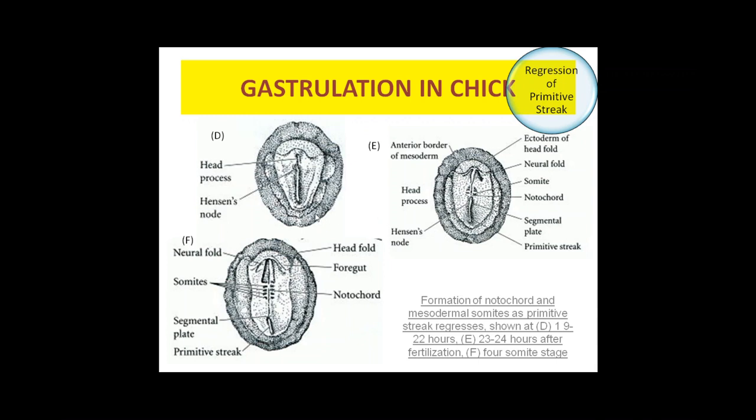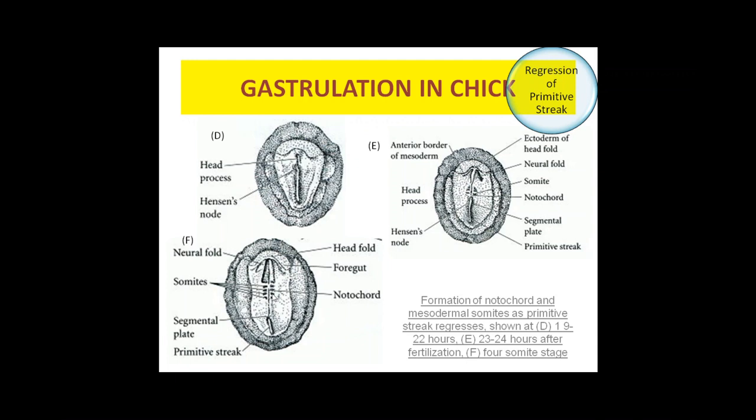As you can compare in the figure, which shows formation of notochord and mesodermal somites as the primitive streak regresses at 19 to 22 hours, 23 to 24 hours after fertilization, and F figure showing the 4 somite stage. The Hensen's node, which was almost in the center of the area pellucida at this stage, is gradually regressing towards the posterior end and has reached the posterior end in this figure.